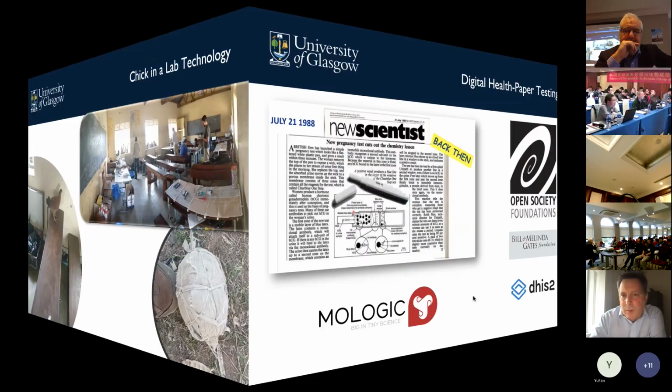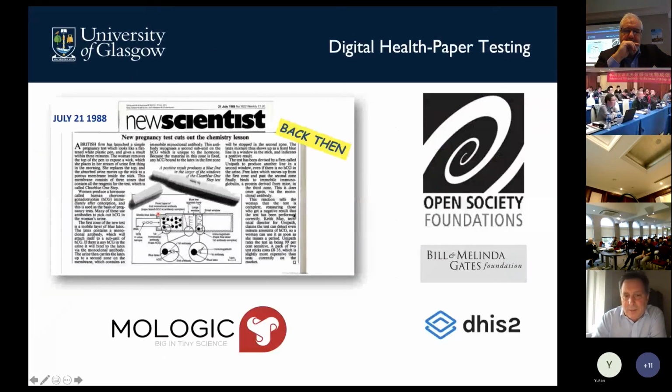I should say just a little bit at the end. I mentioned the first work that was done back in the mid-1980s on paper lateral flow tests for pregnancy testing with Unipath. That company went through various iterations. At one stage, it was owned by a large diagnostics company, Alere.